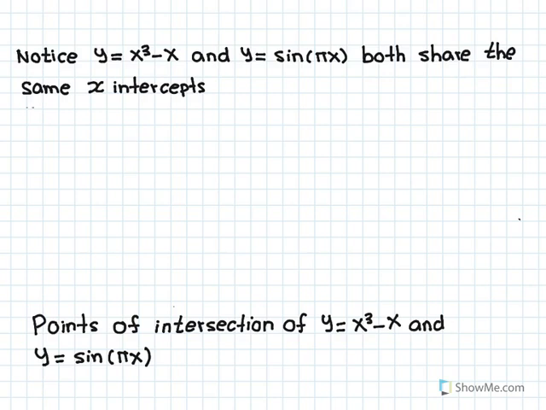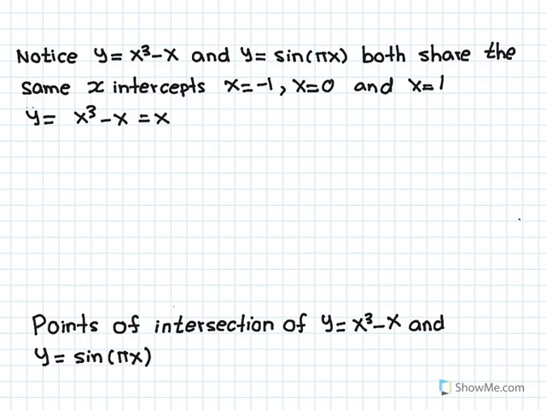So what we notice is that y equals x cubed minus x and y is equal to sine of pi x both share the same x-intercepts. Those intercepts are x equals negative 1, x equals 0, and x equals 1. I'm going to review what we did before. Y is equal to x cubed minus x.